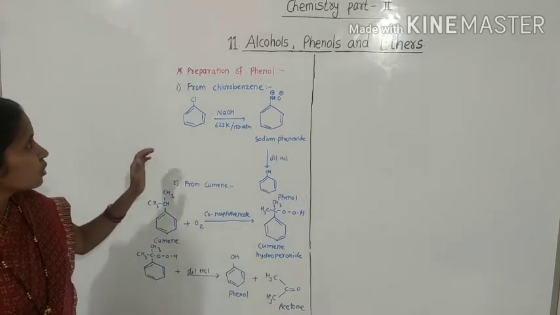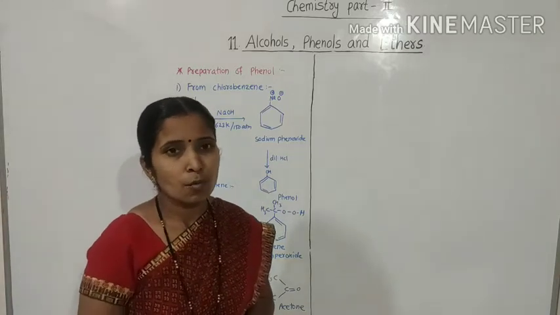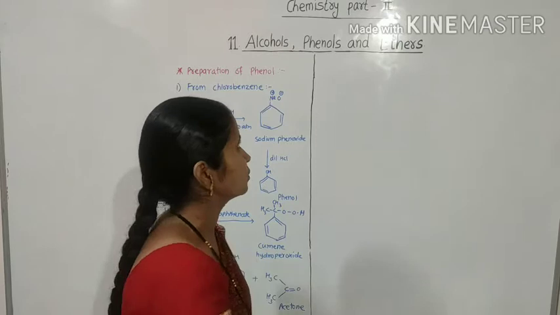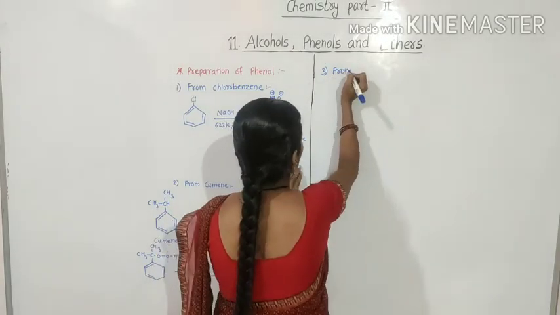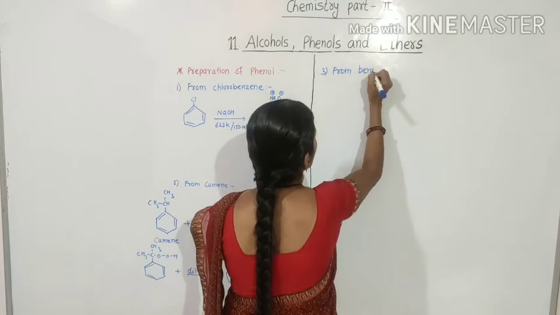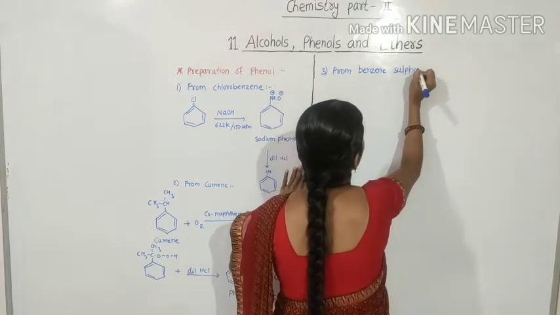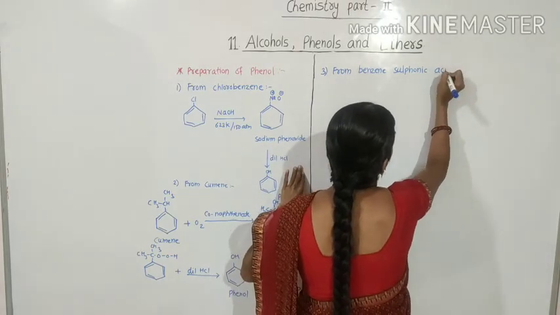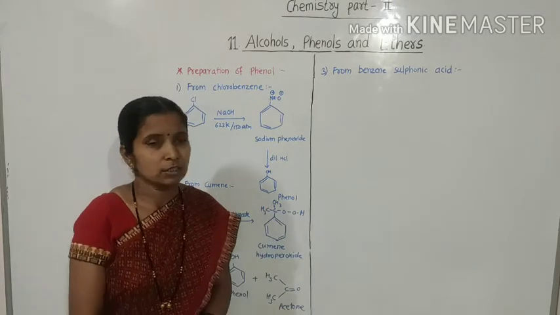Then our third method of preparation of phenol is from benzene sulfonic acid. So how is phenol obtained from benzene sulfonic acid?